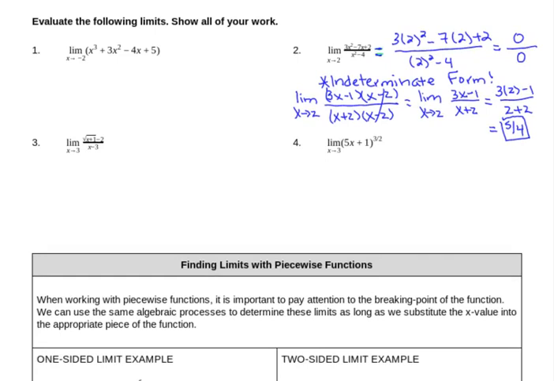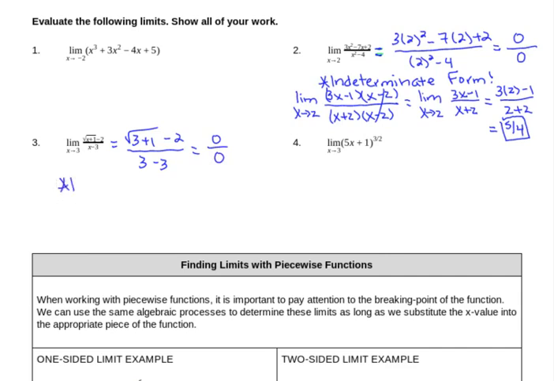We can see again that number 3 is a rational function, so it looks like there might be something weird going on here. So if we substitute, we get the square root of 3 plus 1 minus 2 all over 3 minus 3. So I get the square root of 4, which is 2, minus 2, which is 0, and in the denominator, I get 0 as well.